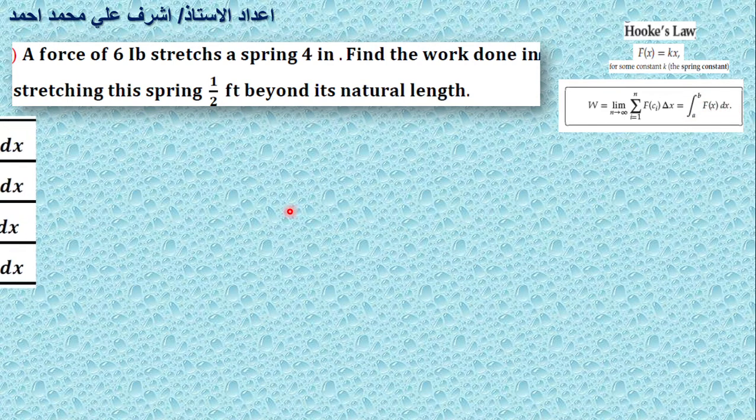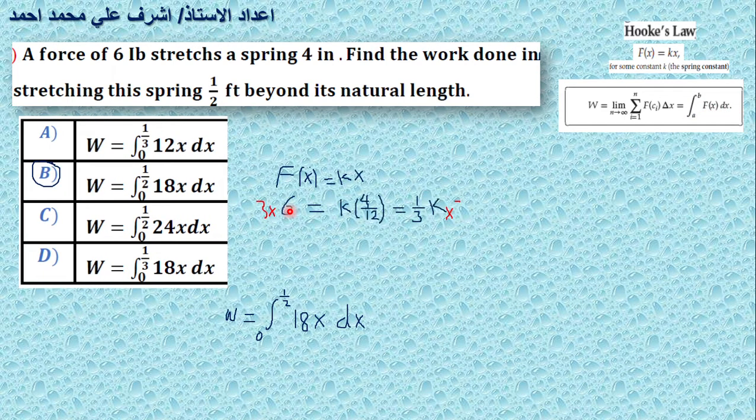So we will calculate k firstly. When f equals 6, x equals 4 over 12. Why? Because each foot equals 12 inches. So 4 inches equals 4 over 12 feet.